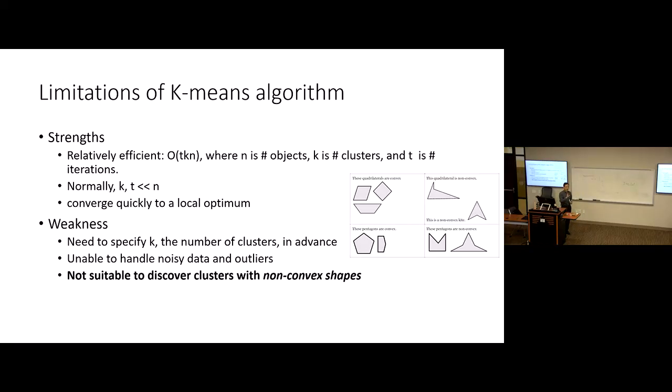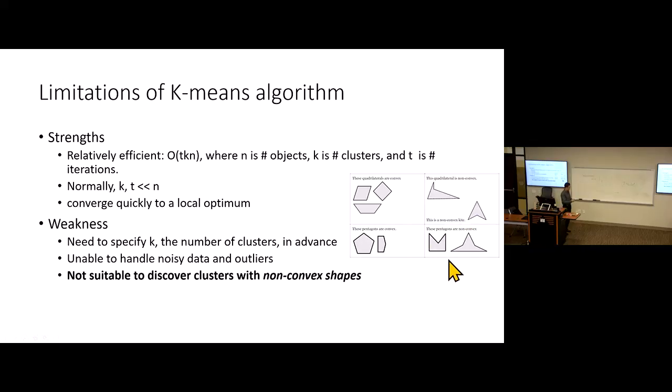A major change in the density of the clusters gives you some problems. And most importantly, you cannot handle the so-called non-convex shape. So this is a convex shape, but it also belongs to the non-convex shapes. K-means will not work very well for this.